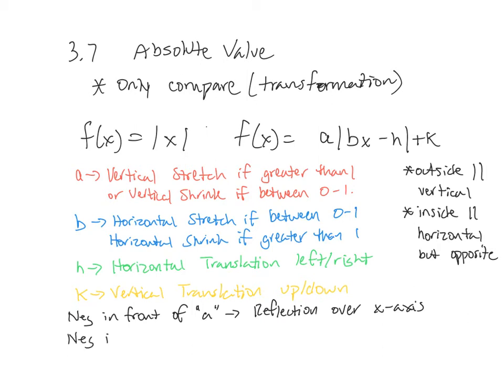And if there's a negative in front of the B, then it's a reflection over the y-axis. Okay.